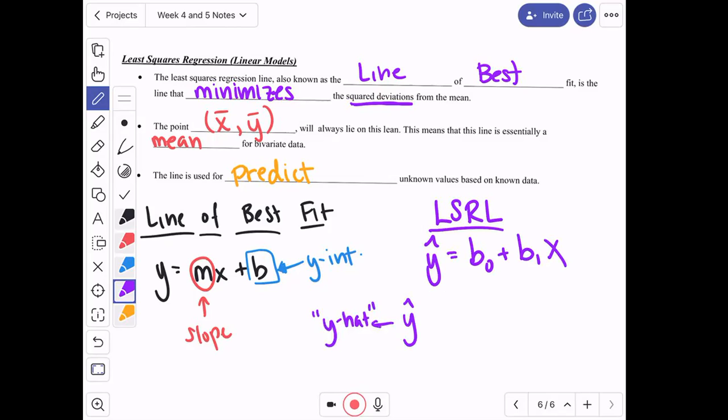It's literally called y hat. That thing above it is called a hat, right? Y hat is a predicted value.